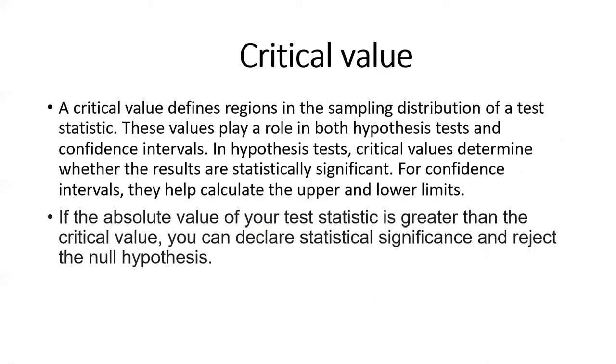In hypothesis testing, the critical values determine whether the results are statistically significant or not. For confidence intervals, these critical values help to determine the upper and the lower limits.